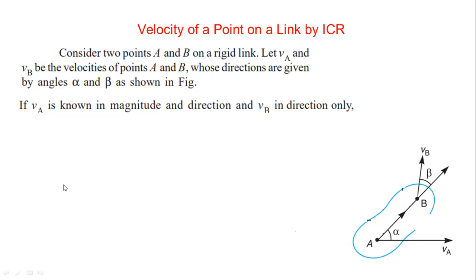VA is known in magnitude as well as direction, but for the velocity at point B, we know only the direction, not the magnitude.